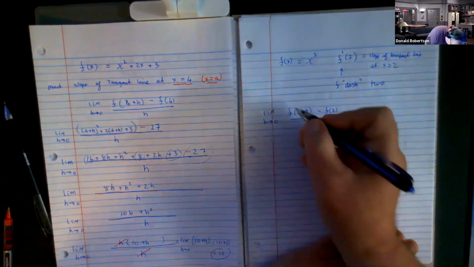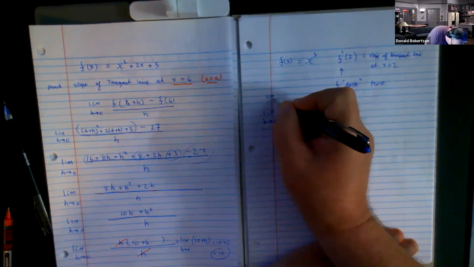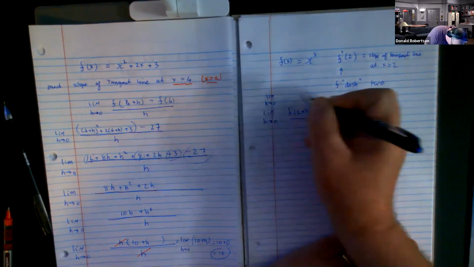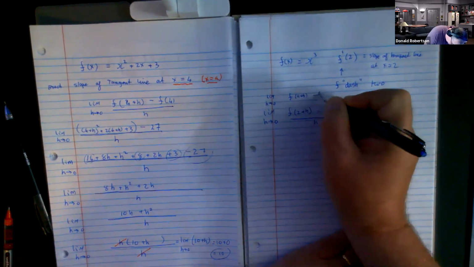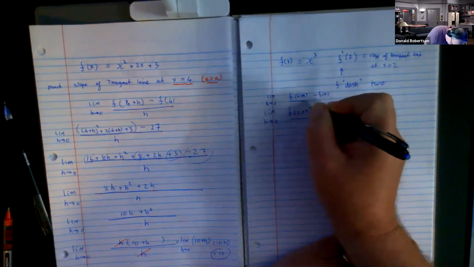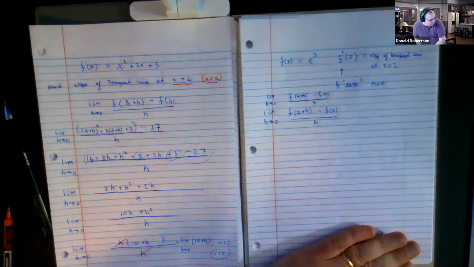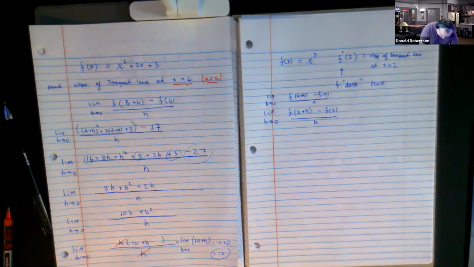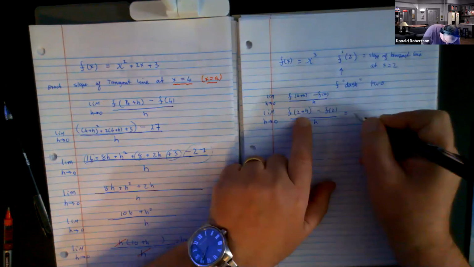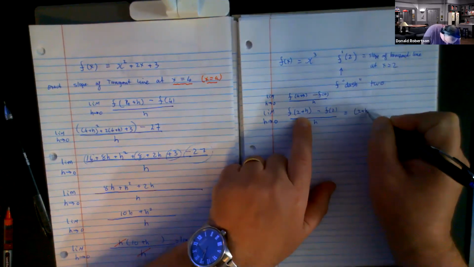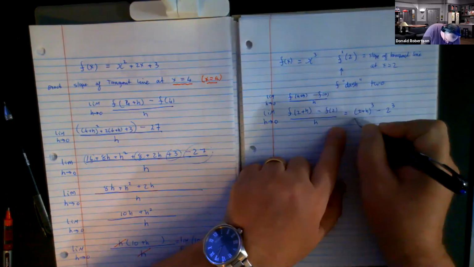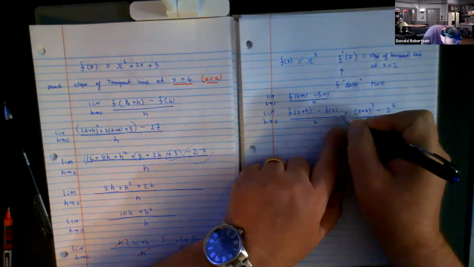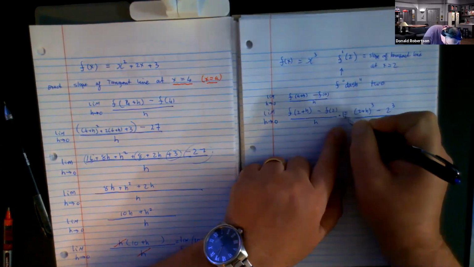Well, the general formula, the one you can use all of the time, is this guy. You see, I'm just replacing the a with 2. That's all I'm doing. So 2 plus h cubed, take away 2 cubed, all over h, and I forgot my little limit thing, so I'll squeeze it in here.